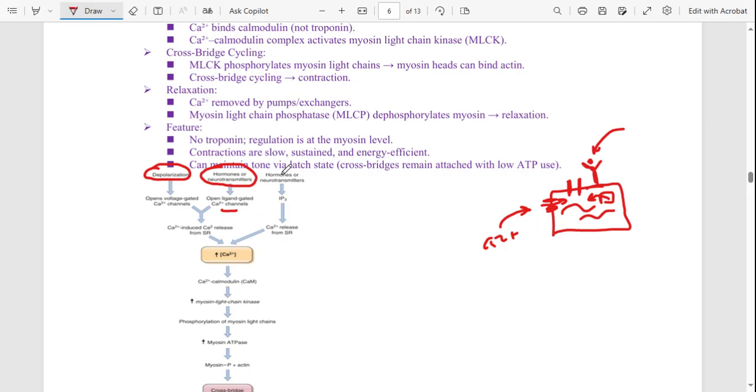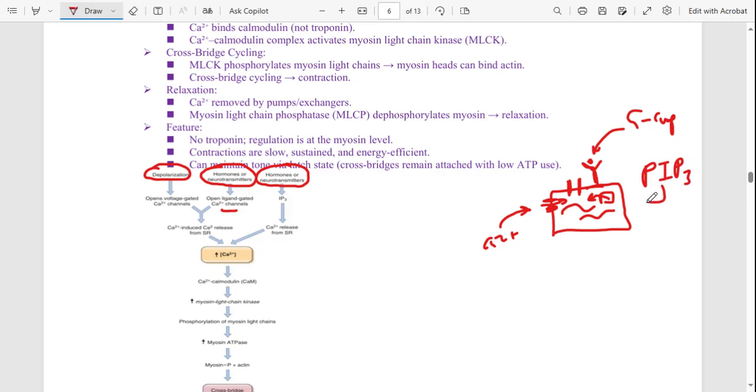Another mechanism by which it can happen is that hormones or neurotransmitters can work via what we call a G-coupled protein. There is going to be activation of the G-coupled protein, which is going to cleave, break down PIP3.